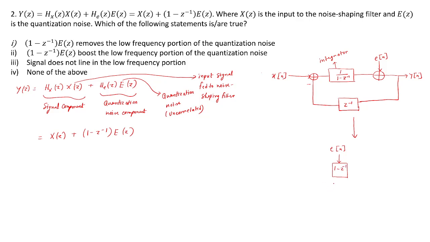We have seen in the previous problem also that this leads to coloration of the noise, and that becomes added up with the input signal here, leading to output y[n].